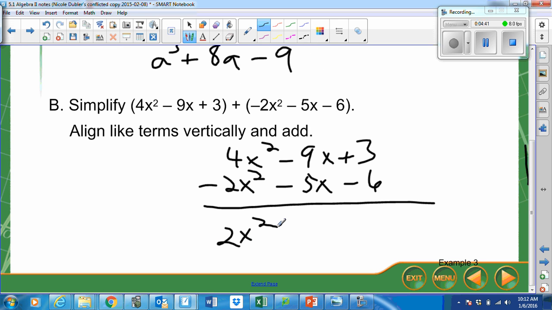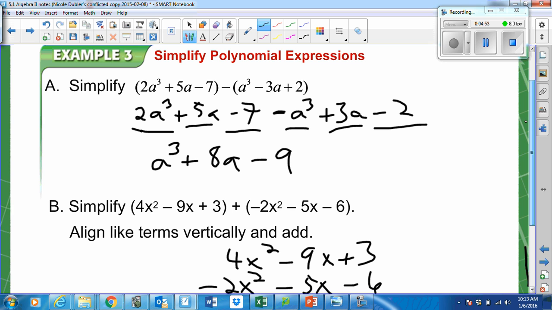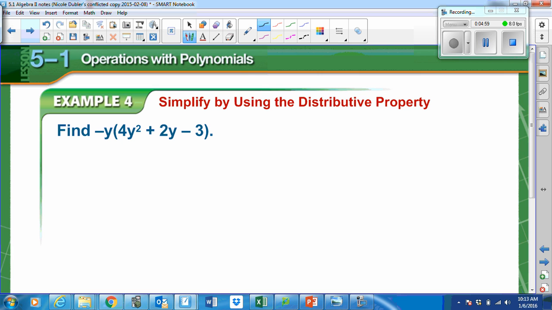Negative 9x minus 5x gives us negative 14x. And 3 minus 6 gives us minus 3. So that's another way you can do it if you prefer to align them vertically so that like terms are stacked, or you can do it horizontally like we did in this first problem and just combine like terms from there.